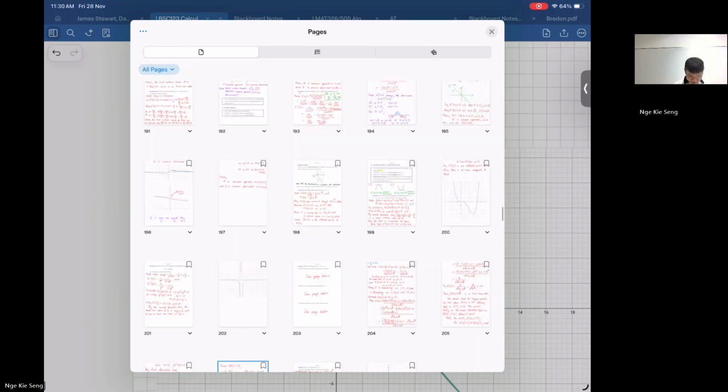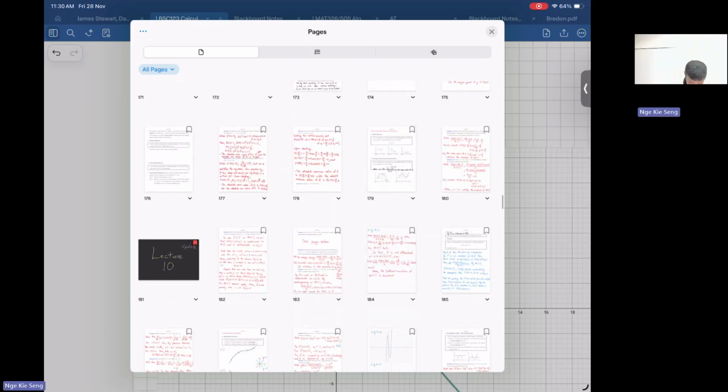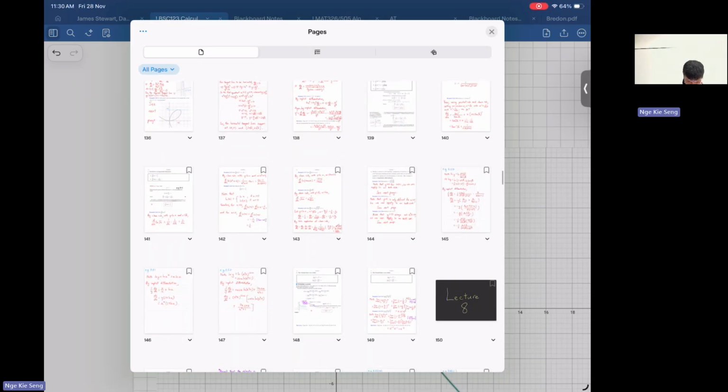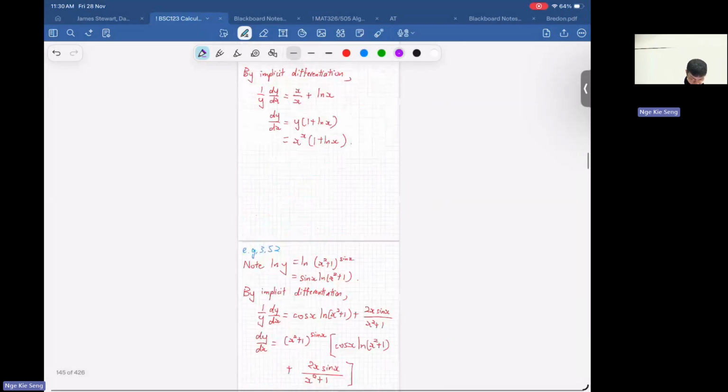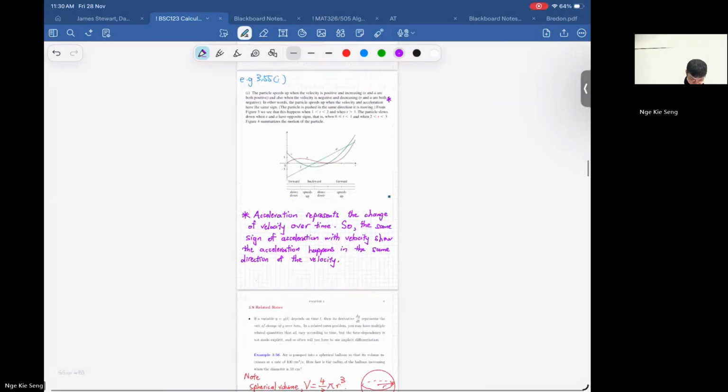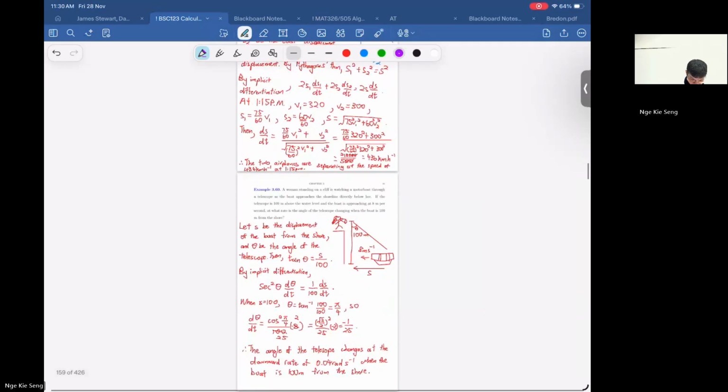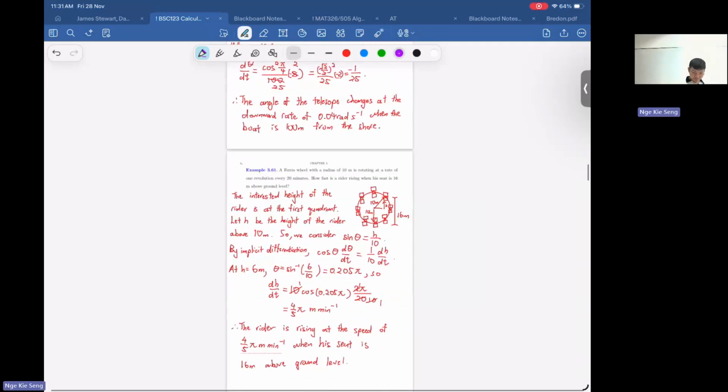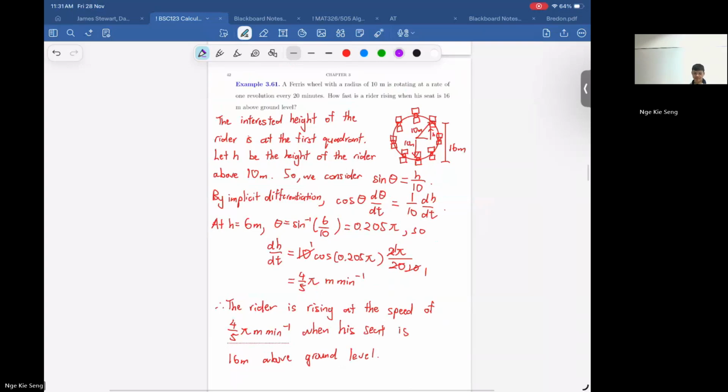3.61. Where is it? The 3.61. Okay, 3.61. Yep. The height, the speed, 4/5 meter per minute.